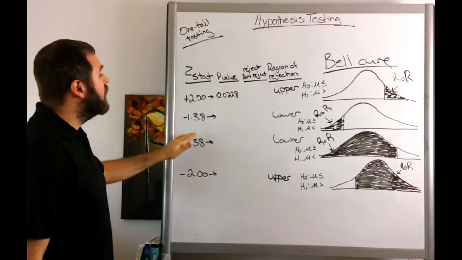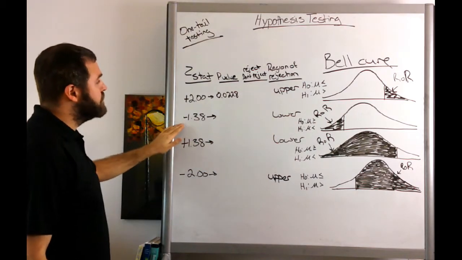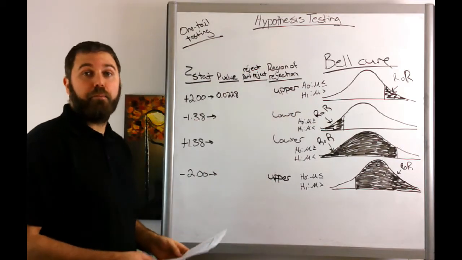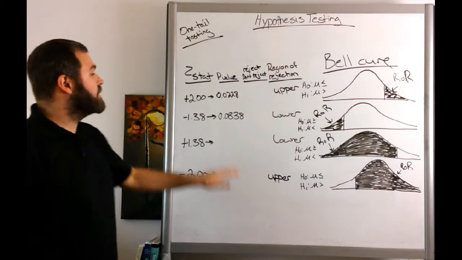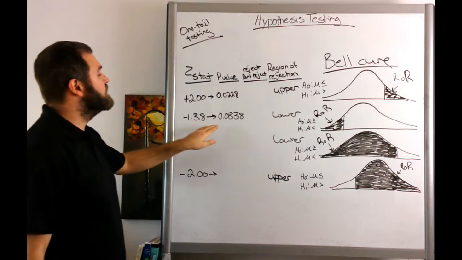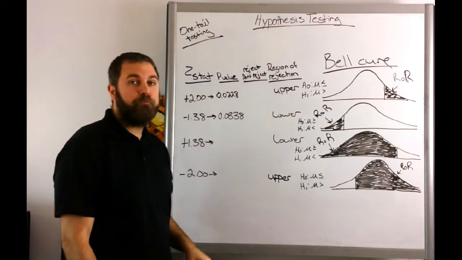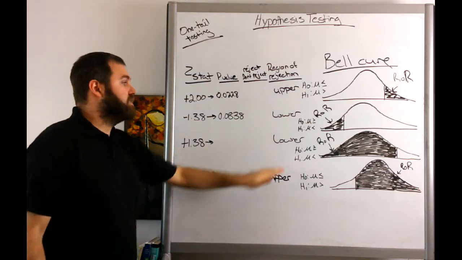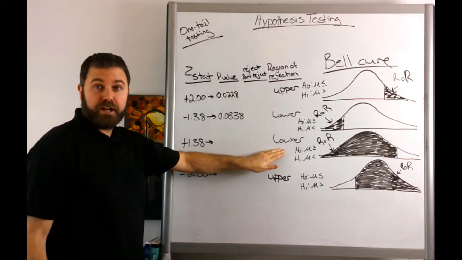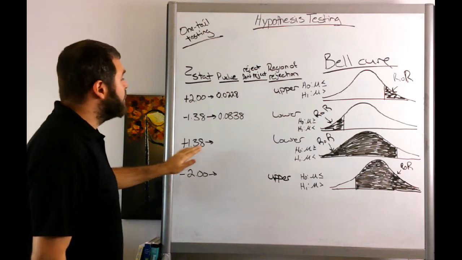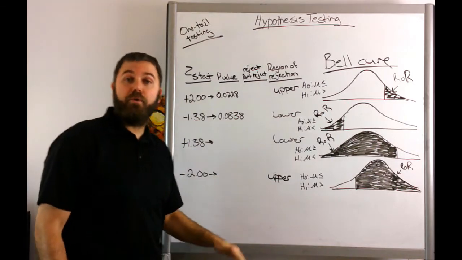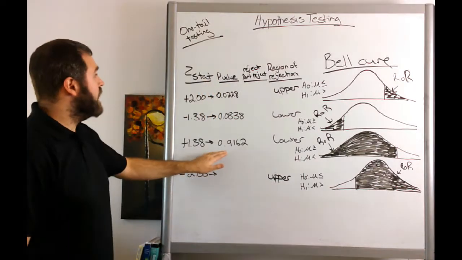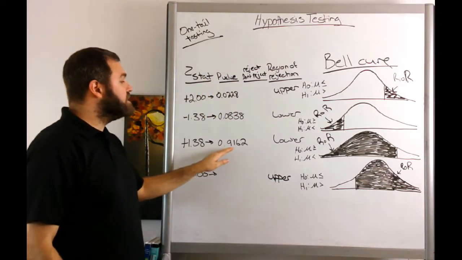So we know that lower is going to correspond to negative 1.38, so we're going to look up negative 1.38. So this is a p-value of 0.0838. So now we have a positive 1.38 with a lower tail rejection. So 1.38 in a lower tail, we're going to look up 1.38. So this gives us a p-value of 0.9162.